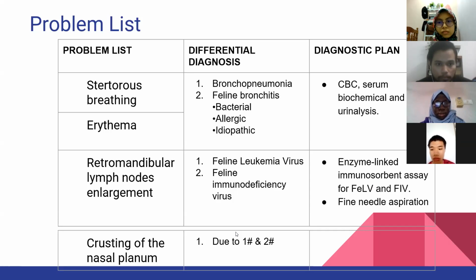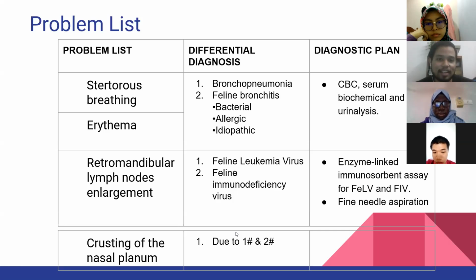For diagnostic plans to rule out the respiratory disease, we have to interpret the CBC, serum biochemistry, and urinalysis results in order to find out if it's bacterial or any parasite infection.